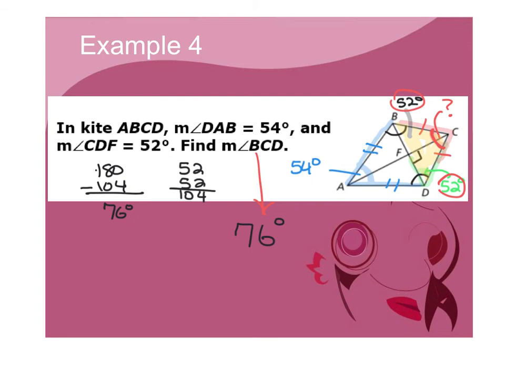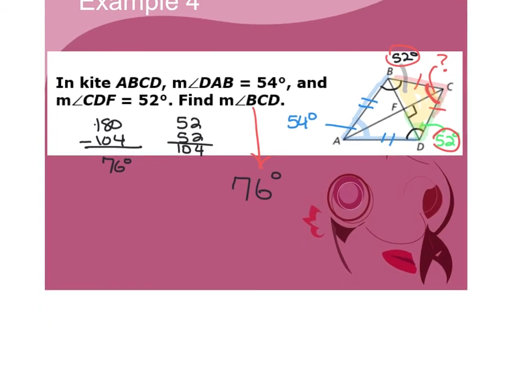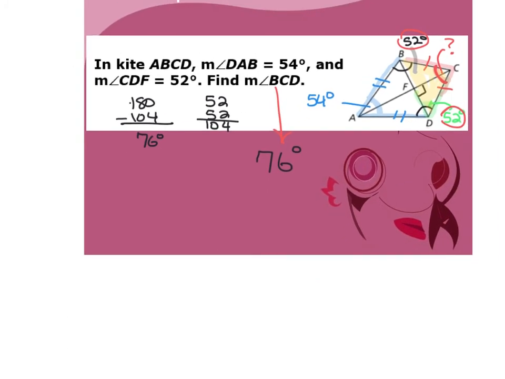Now, another way you could have gone about doing this same kite, let me maybe redraw it here. There's other ways to do it. So let's say we had our kite over here with our diagonals. And let's just talk about this triangle up here.